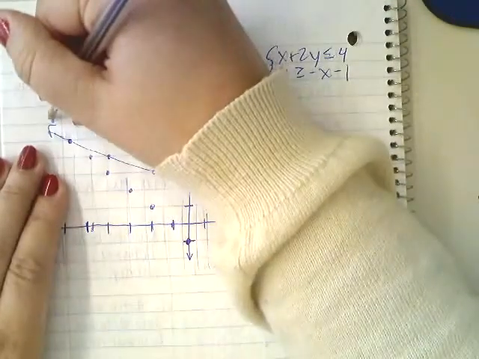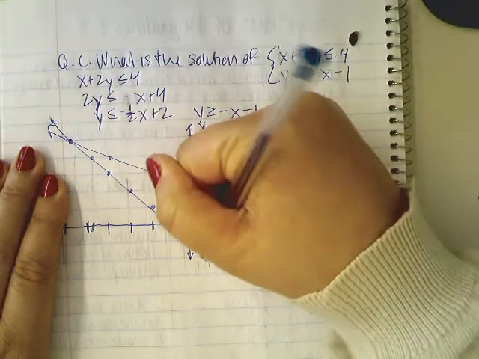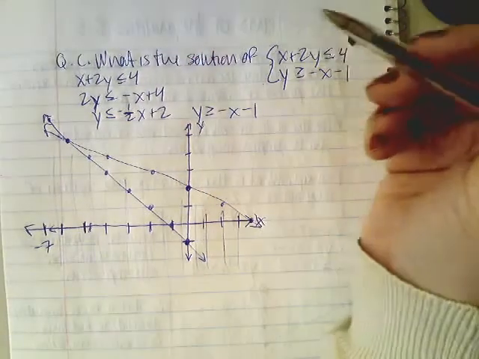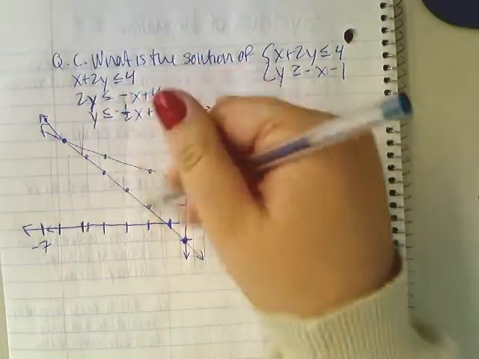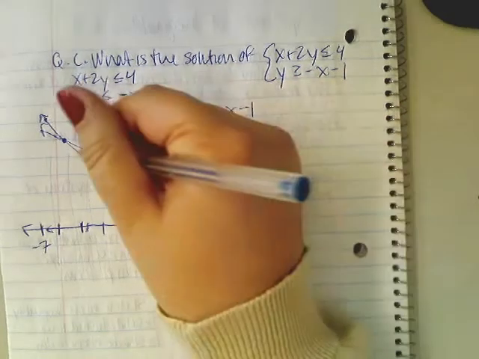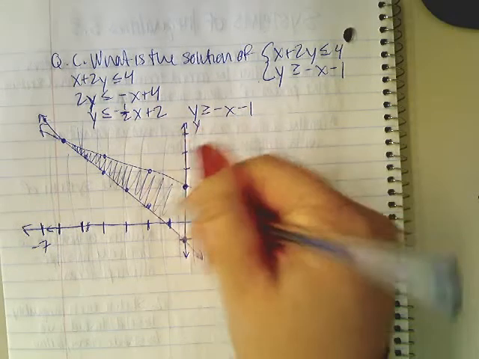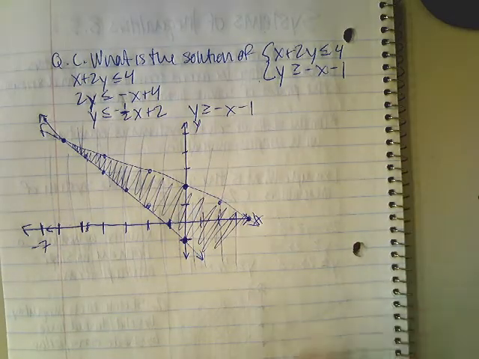So this line now has a slope something like that. This time I'm shading so that it is greater than, so I'm shading above this line. Again, I'll do it lightly, but I see that this triangle that I've made here is really where it should be shaded, since that's where they overlap.